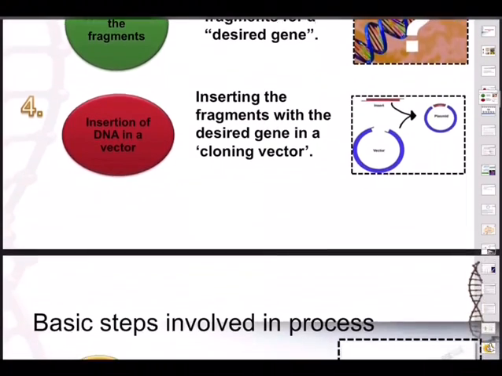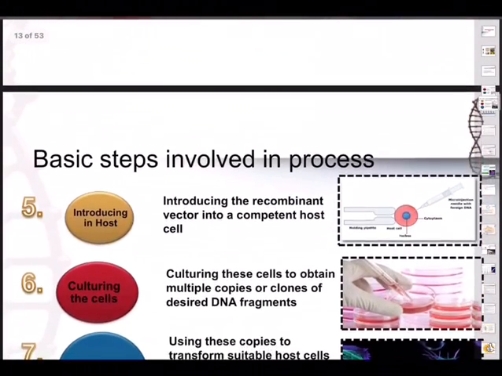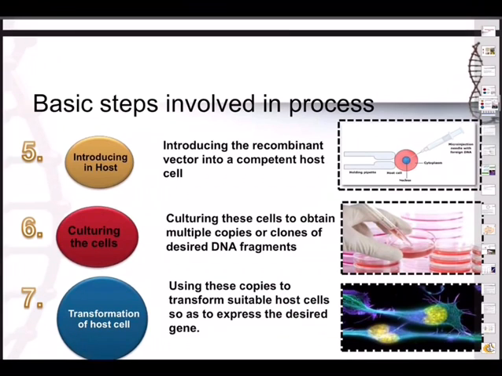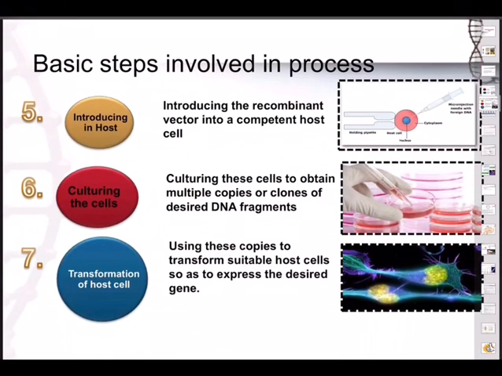Now, introducing the plasmid or recombinant vector into a competent host cell. The host cell also should be competent. And normally we'll talk about various methods of how to introduce this.